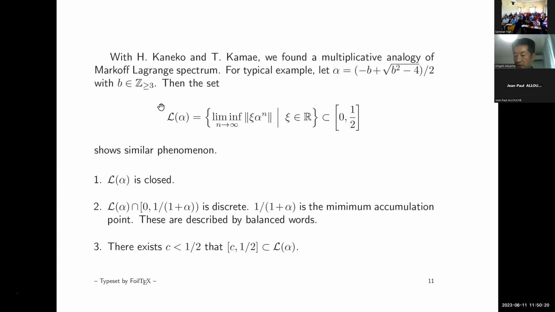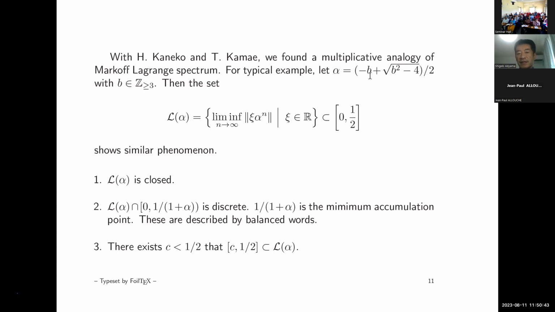I cannot explain this setting in total today, so I just give you one example. Start with alpha, an irrational number, and with b greater than or equal to 3, and consider this quadratic unit.